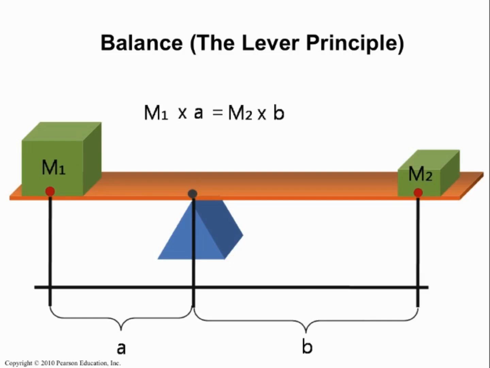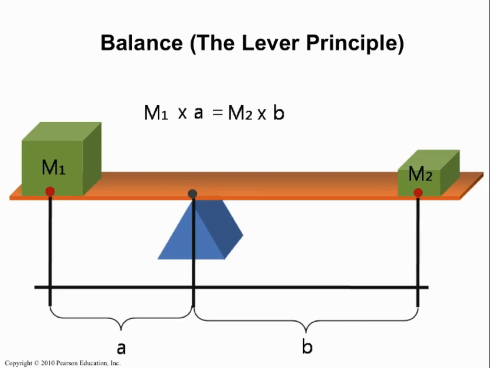In this situation, I have a large mass that's close to the fulcrum or pivot point and a smaller mass that's far from the fulcrum or pivot point, and they balance each other. Anyone who's played on a seesaw or a teeter-totter intuitively knows this principle: a mass far from the pivot behaves as a heavy mass that's close to the pivot.